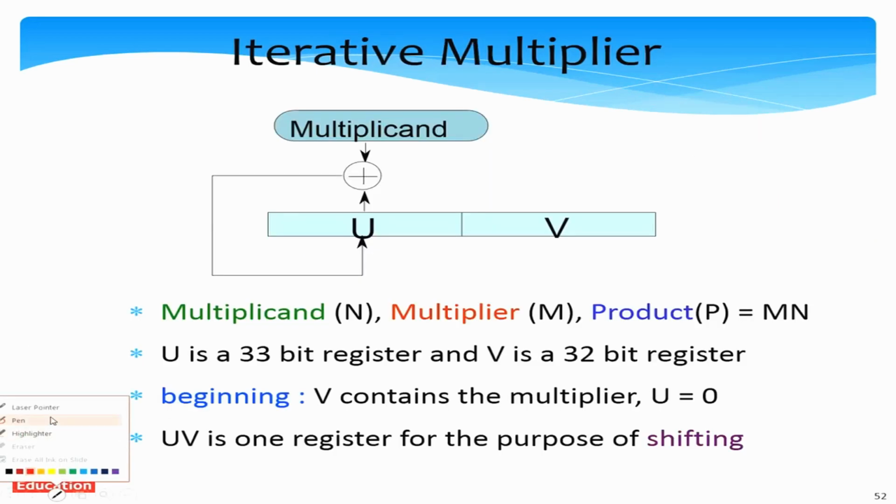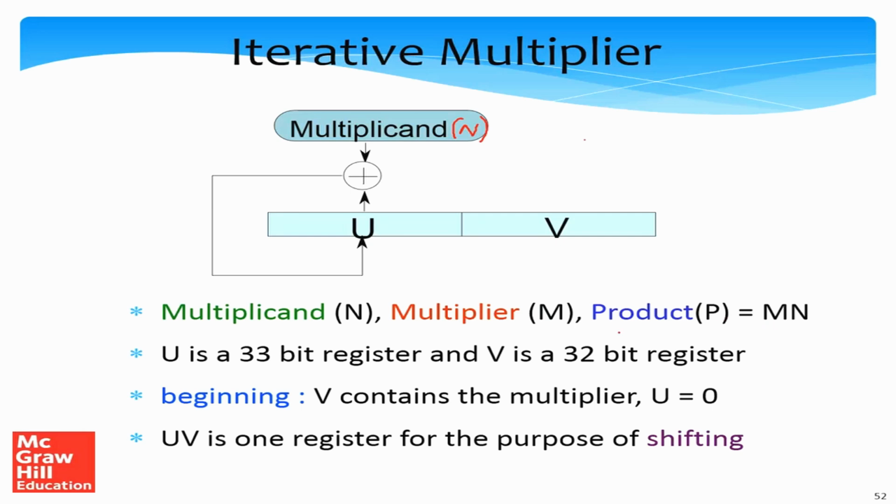So let's now take a look at the iterative multiplier. The iterative multiplier is a very simple structure. We have the multiplicand, stored in a register, so let's call the register n. Then we have the multiplier, which we'll refer to as m. The aim is to compute the product, which is m times n.